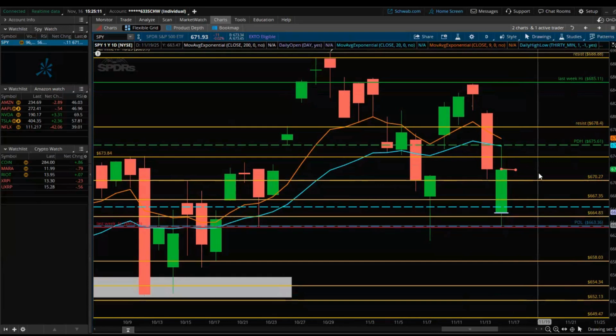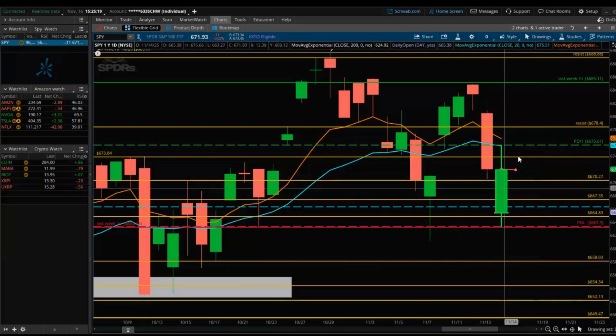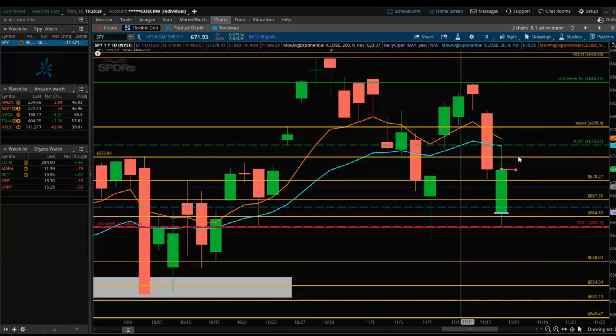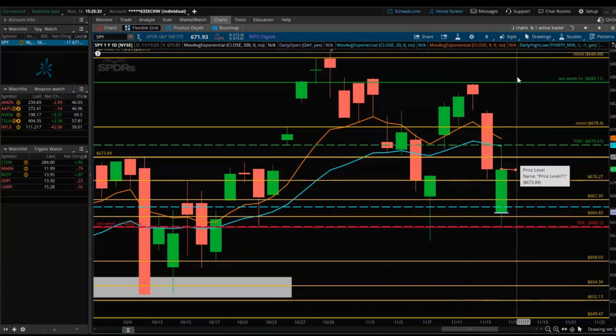So it goes right in here. So now I have the high and low of Friday, the last daily candle. And now I also have the high and the low of last week. So I'm preparing myself to see which way the market will go next week.